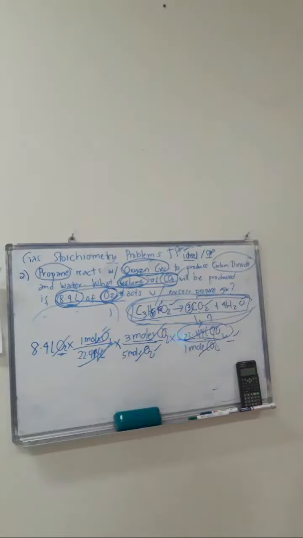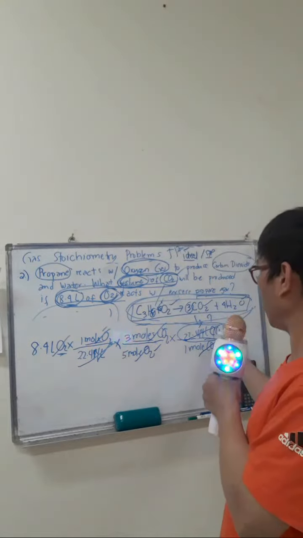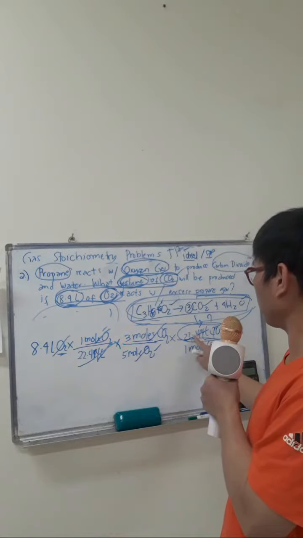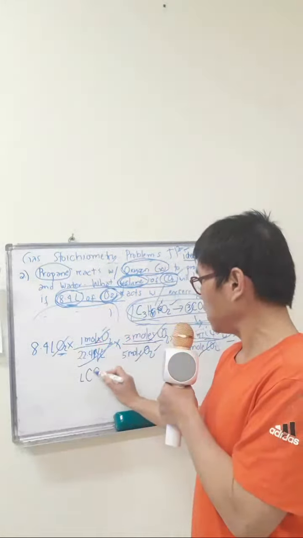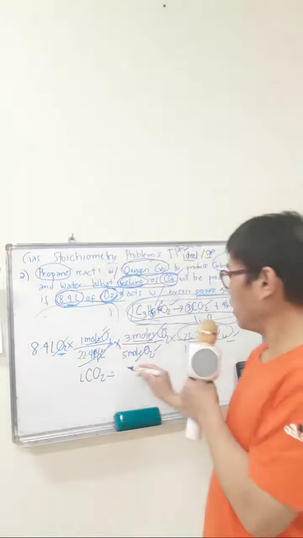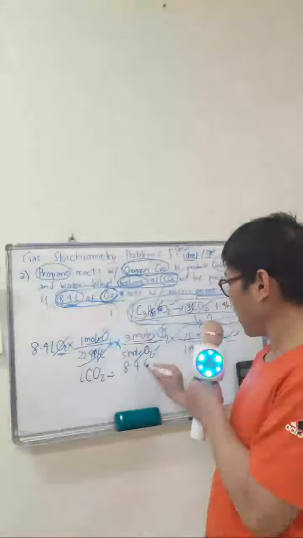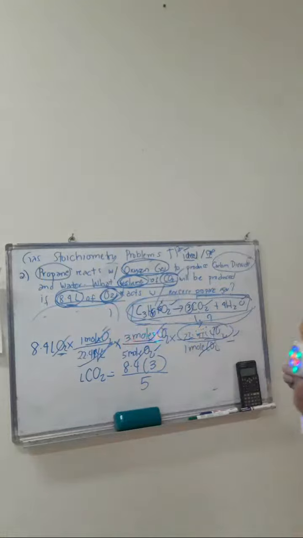So what is left here? The liters of carbon dioxide. So, let's simplify further. 8.4 times 3 divided by 5. Calculator please.